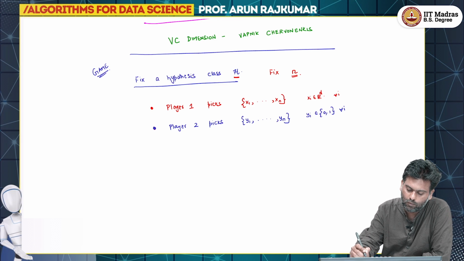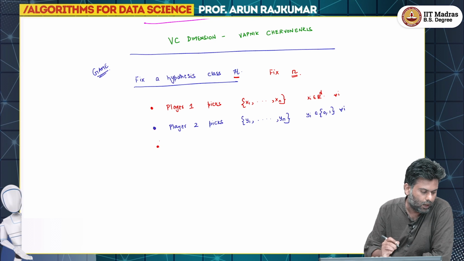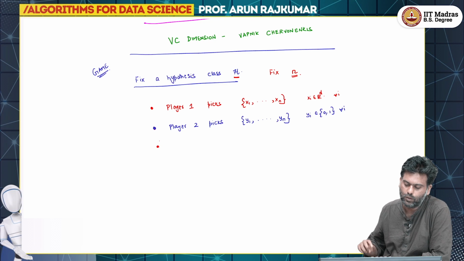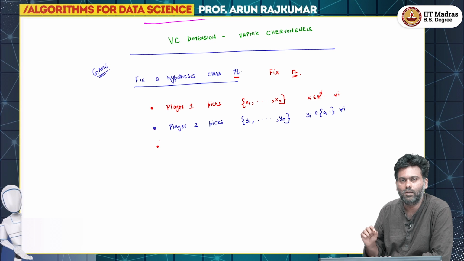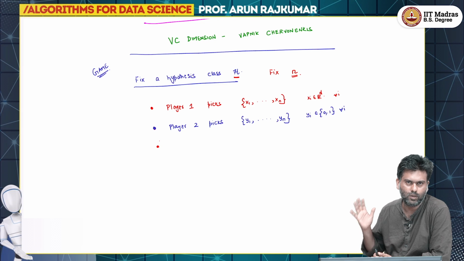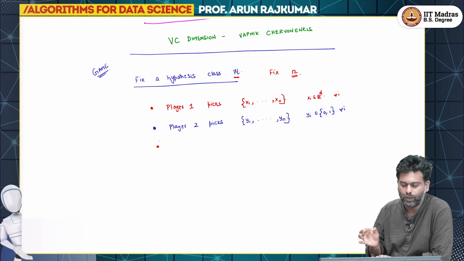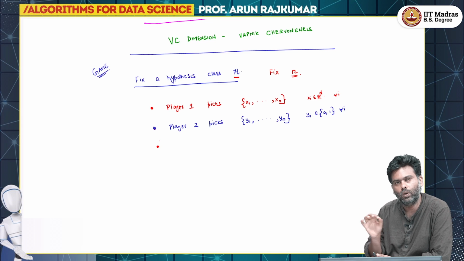Now once I give you the labels, your goal is to demonstrate a hypothesis from this bag of hypotheses H, for which for the inputs x1 to xn the labels are y1 to yn.